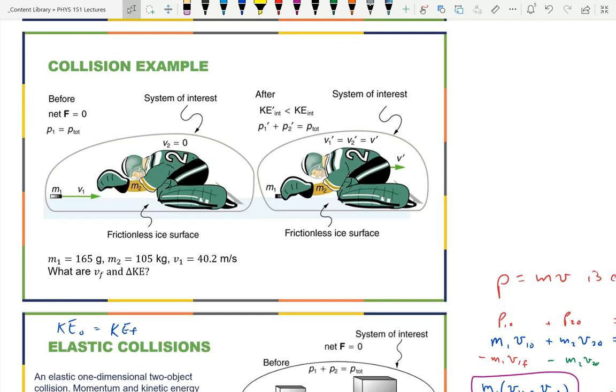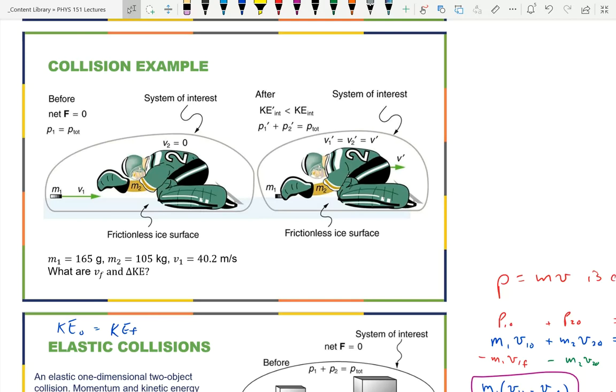So that's my initial momentum. What's my final momentum going to be? The addition of the two masses times the final speed. So I already have used the second condition, that the final velocities are equal, when I said the addition of two masses times the final speed. And then I just set those equal.